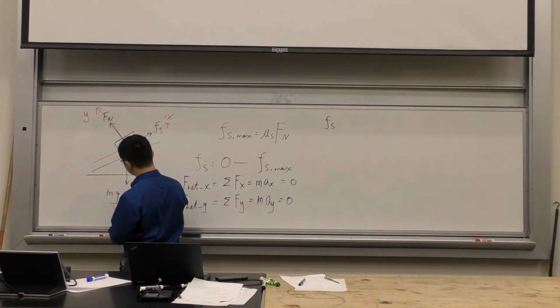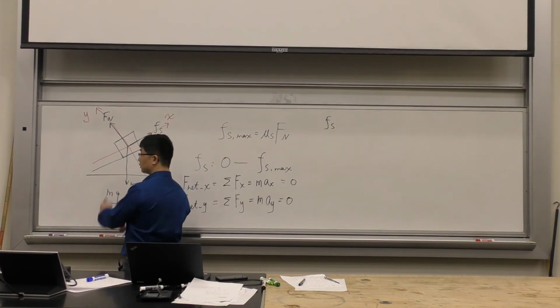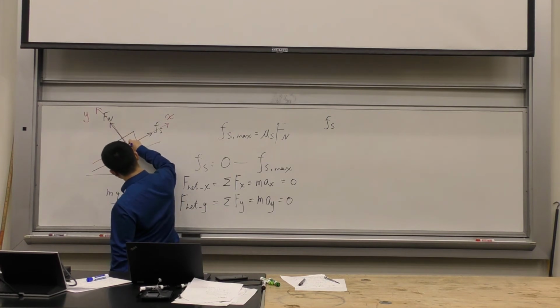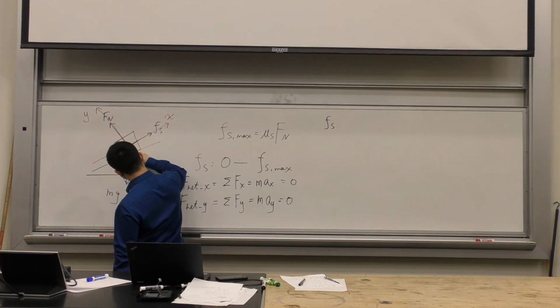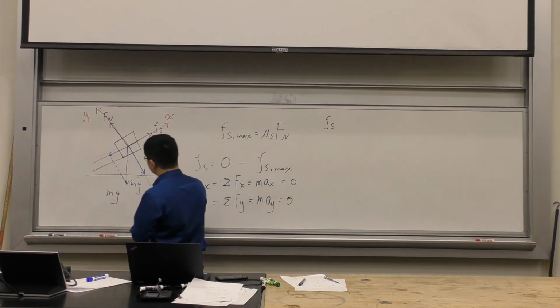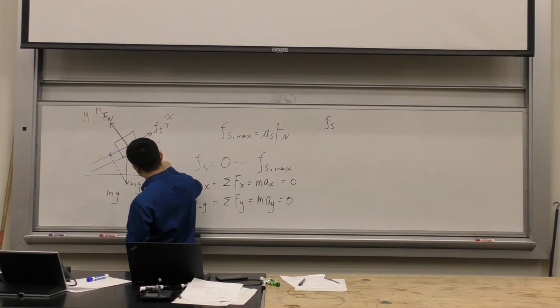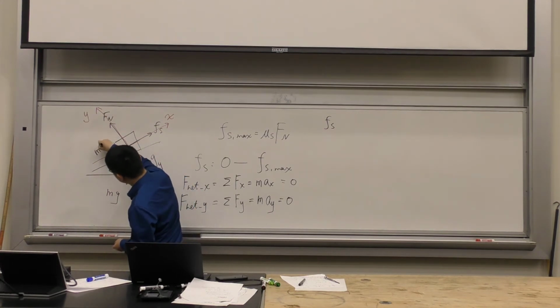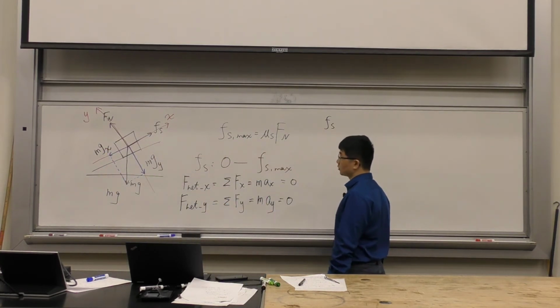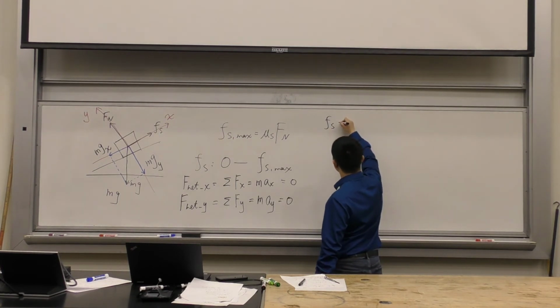You need to rotate your head a little bit, or if this is a piece of paper, you rotate the paper a little bit. So this is going to be the x component, and then you're going to break it into y component. This is going to be mg y component, this is going to be mg x component. And of course, mg x component is going to be negative.